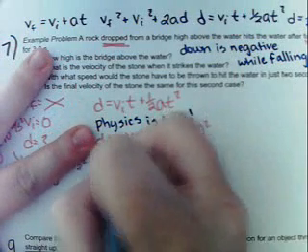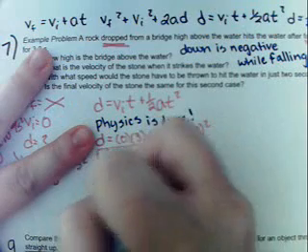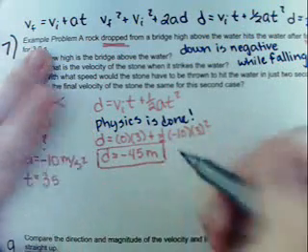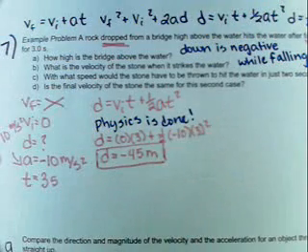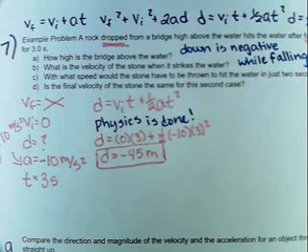Now, this is the displacement of the rock. It has gone negative 45 meters. But someone brought up in class that that's not actually what Part A asks you. Part A asks you how high is the bridge.